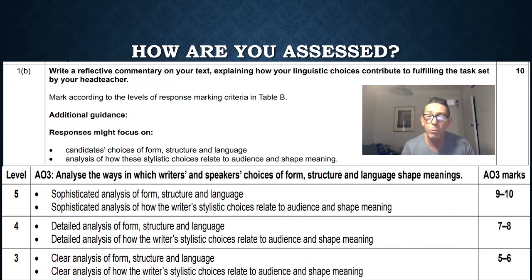We want to know how the writer's choices, that's you, the writer, relate to audience and shape meaning. That is your focus. So form, structure, and language, it's still that. The only difference is now you are analyzing the text to show how you created those effects. What did you do? Point, evidence, explain.